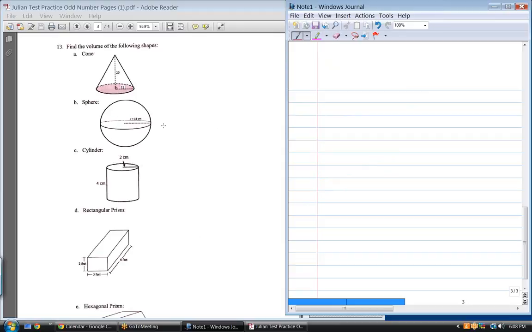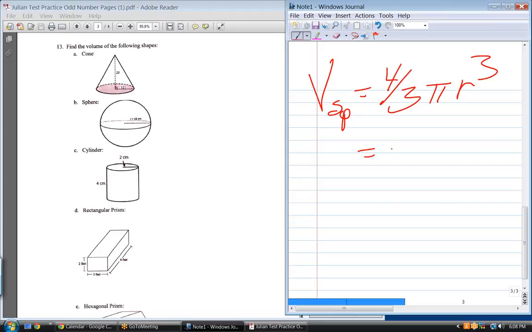What's the volume of a sphere? 4/3 pi r cubed. Fill it in. Okay, so r cubed. The radius is 12. That's good enough. Go ahead and do that math.